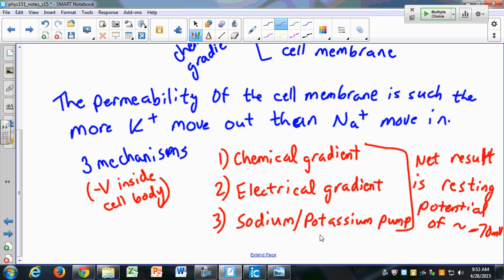So that's the equilibrium position for your neurons. Unless they're working and sending some signal, they always have this potential inside of them of about negative 70 millivolts.